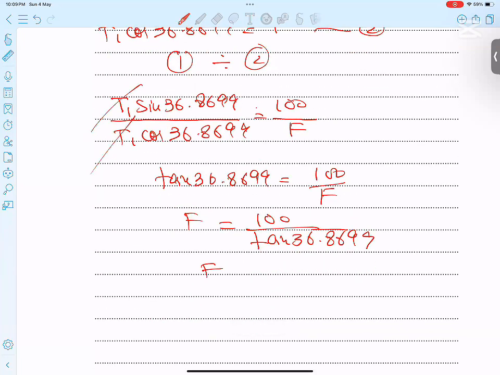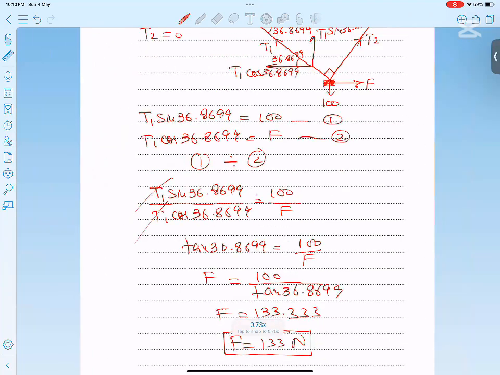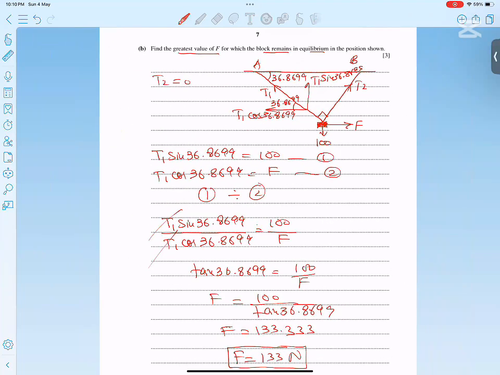Let me check it. Yes, 100 over tan 36 point. So the answer is finally 133.333 newtons, and rounding, 133 newtons. I hope the concept is clear. In this question, the most important concept is the greatest force. The greatest force is only possible if I increase it in such a way that this tension does not stay there.